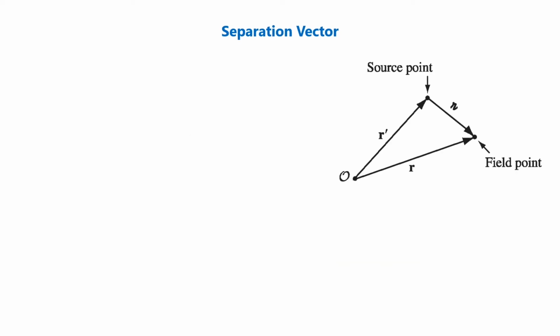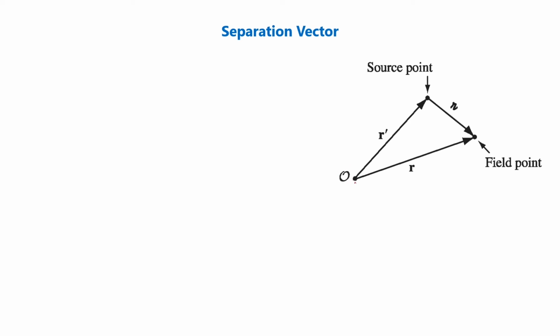The separation vector. In electrodynamics, one frequently encounters problems involving two points. Typically a source point where an electric charge is located and a field point at which we will be calculating the electric or magnetic field.